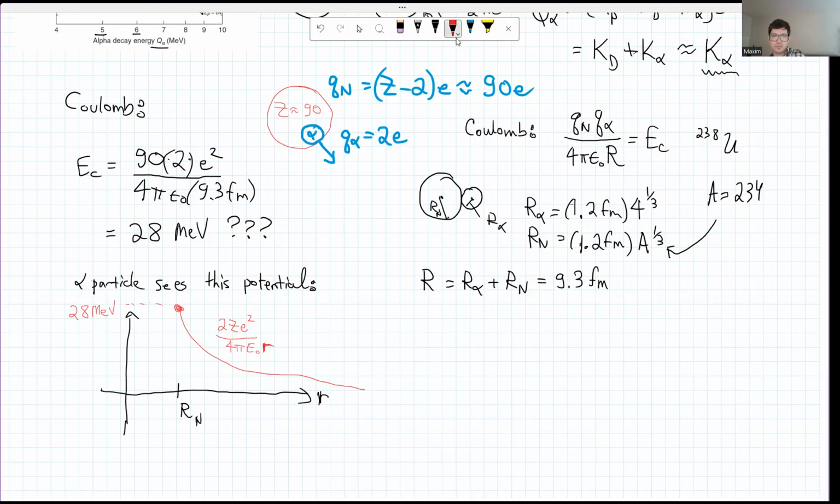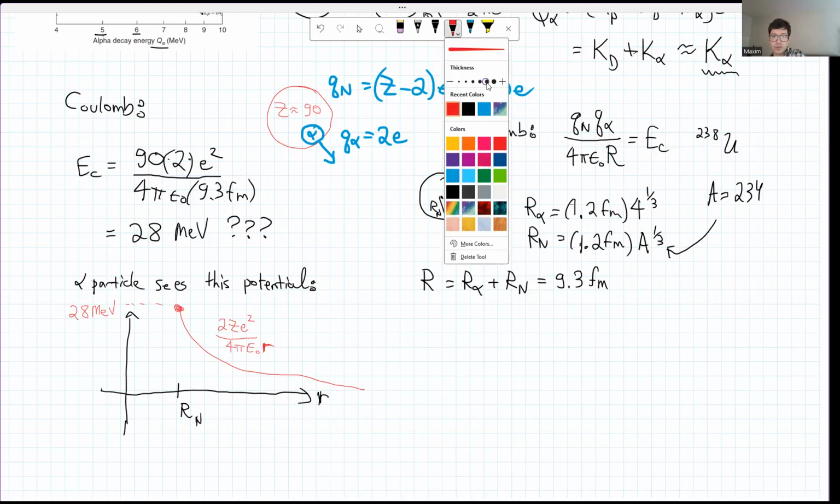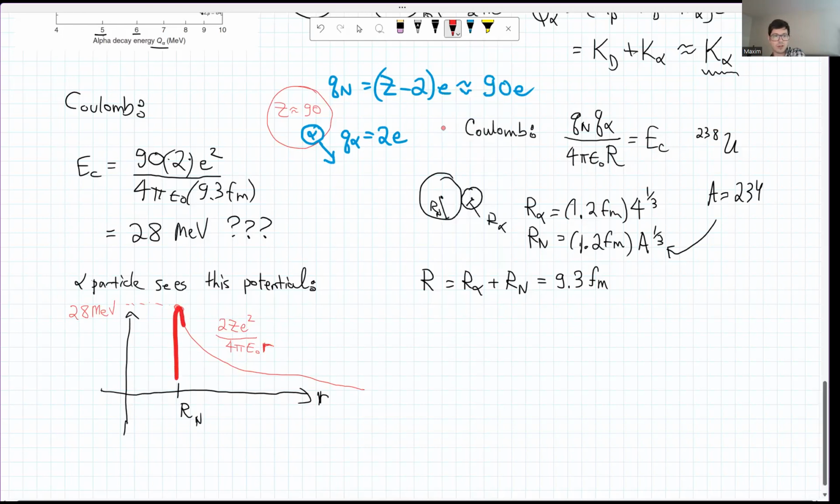Now, of course, inside the nucleus you have the strong nuclear force. So this thing will drop. Maybe I'll draw a thicker line. You've got this 1/r long-range Coulomb potential, and then it will drop to some baseline. You can work out what it should be.